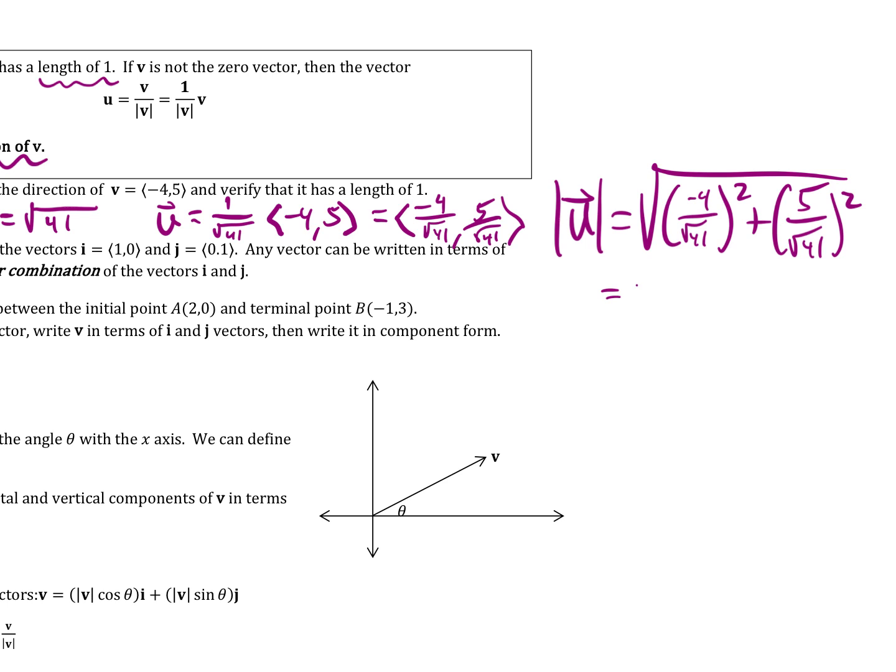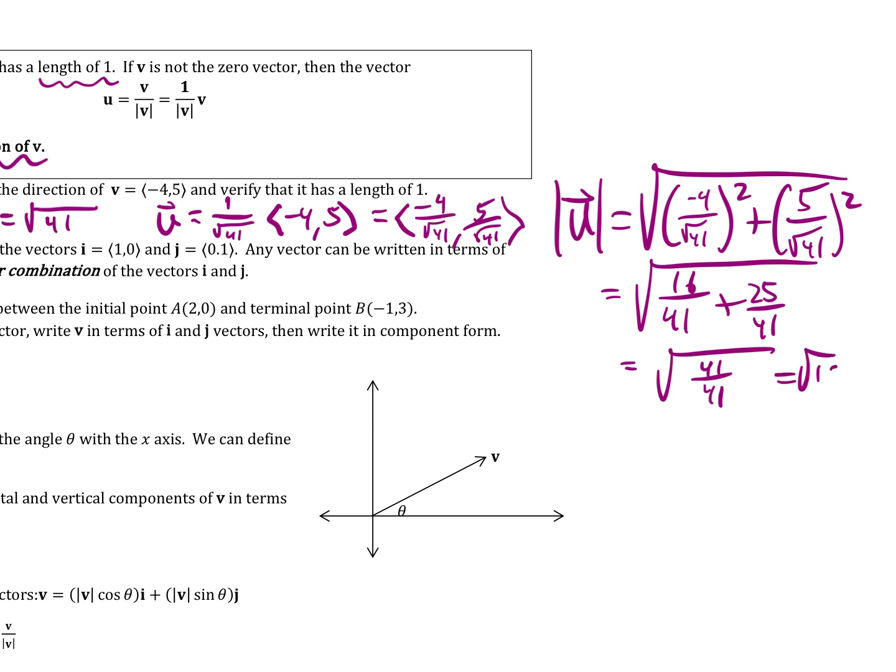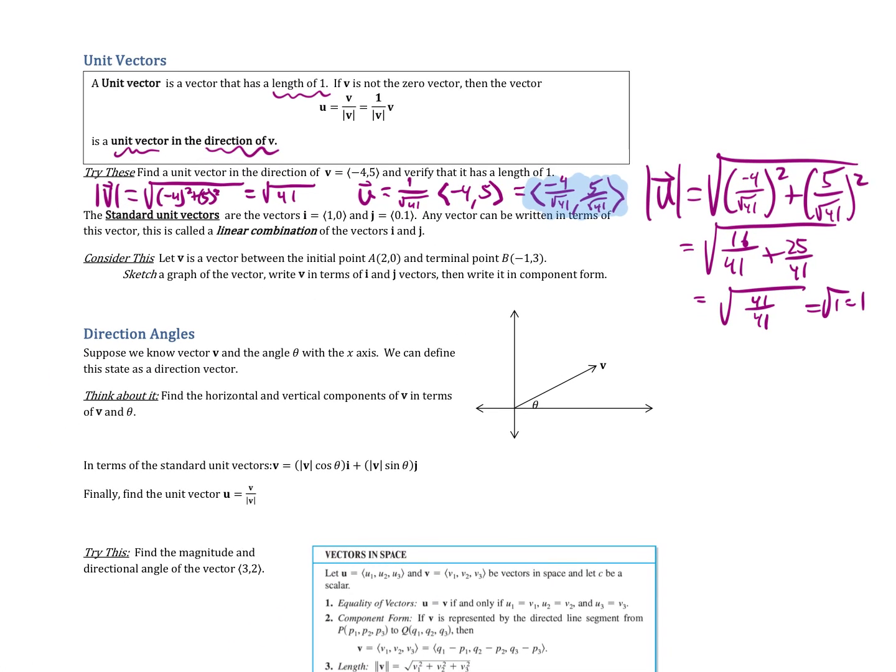Well, that's going to be the square root of 16 over 41 and 25 over 41, which is the square root of 41 over 41. And 41 over 41 is 1, which is 1. All right. So we get some ugly looking answers, but that's okay. We know that it has length of 1 when we divide by the magnitude. Okay.